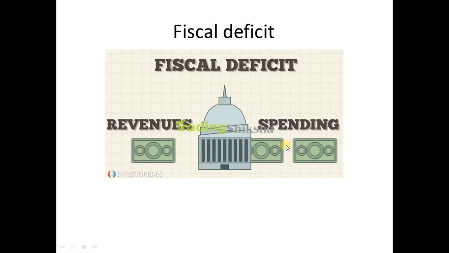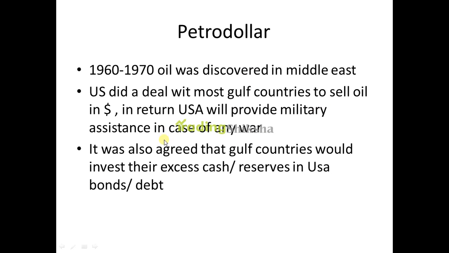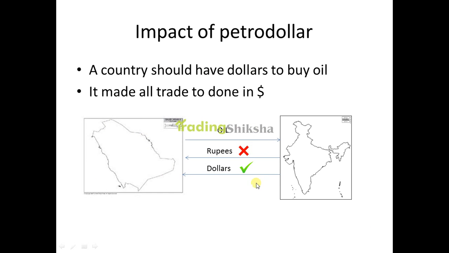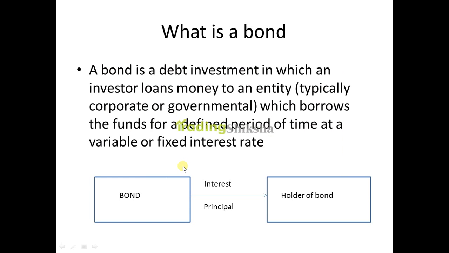They can spend any amount of money and just issue bonds for the deficit, and they would easily find a buyer, which would be the Middle East countries.